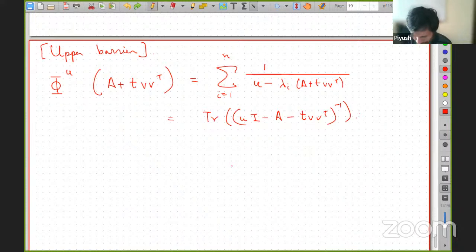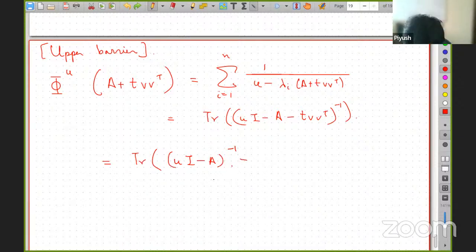And this is just the trace of (uI minus A) inverse. So I'm just applying the Sherman-Morrison formula.